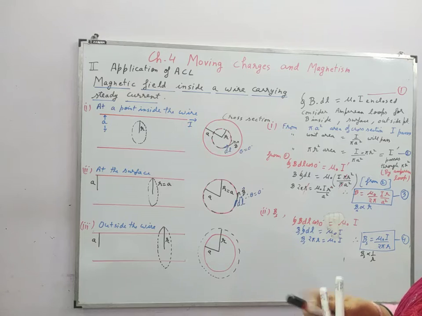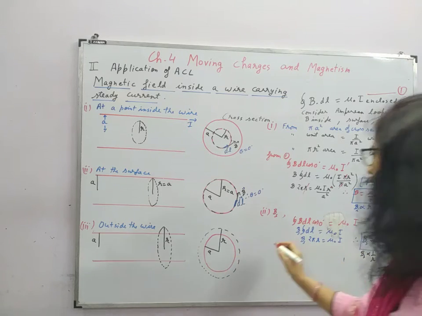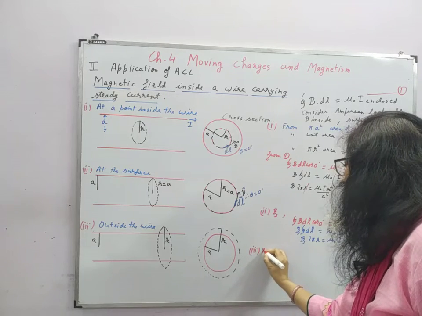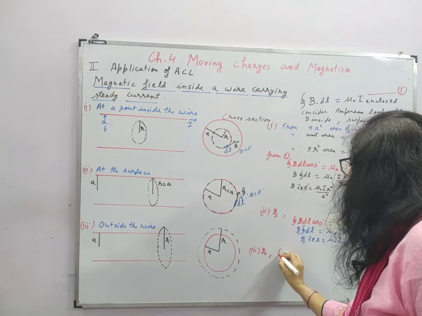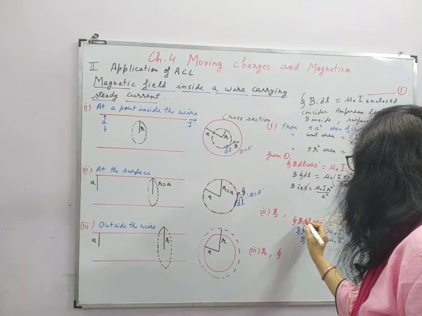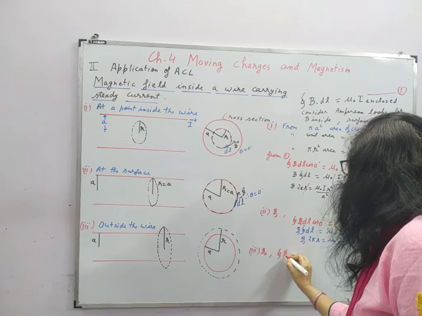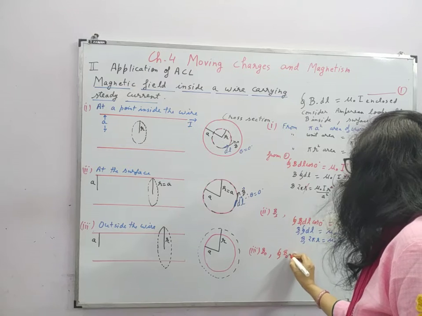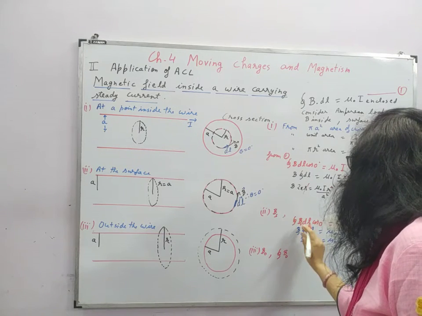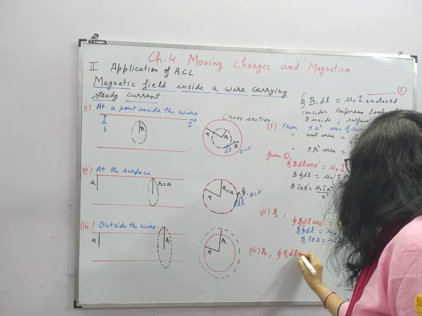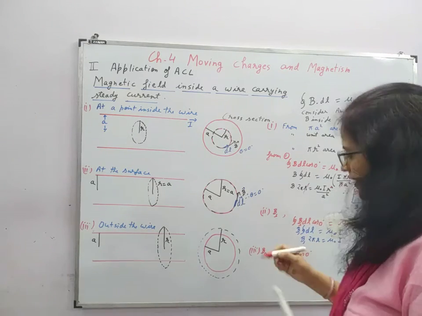Similarly, for the third case, when we have to find the magnetic field outside the wire, here again I am writing B outside dl cos of 0 degree. Why so?